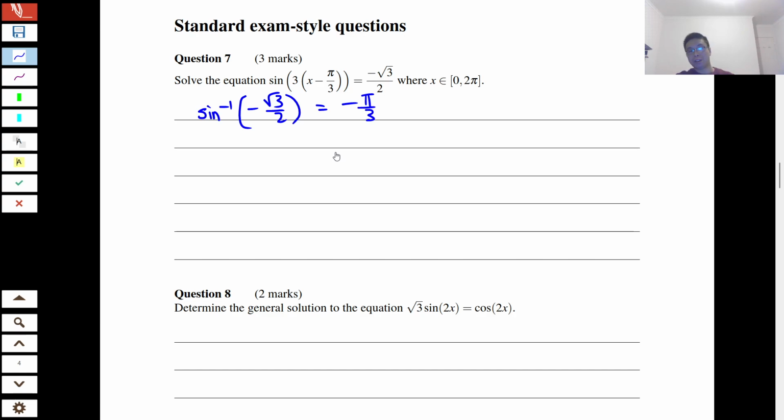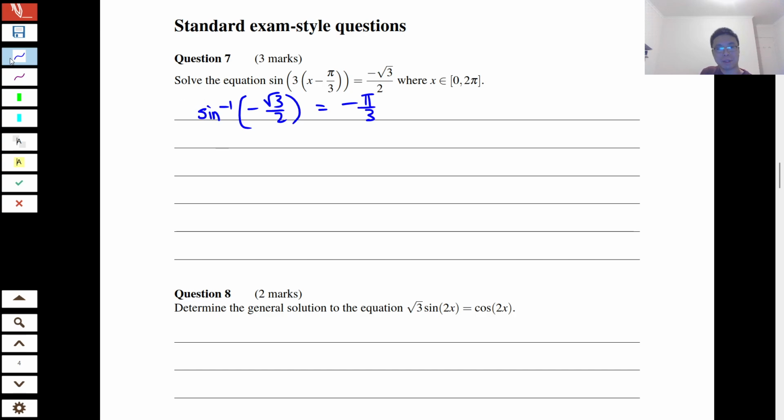Okay, so that gives me my angle in quadrant 4. Sine is also negative in the third quadrant, so that would give me negative 2 pi on 3.